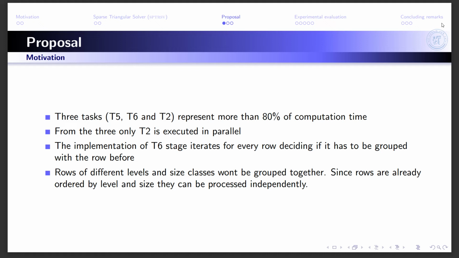Since we know that the rows that have a different level or a different size class won't be grouped together, we can do that work independently, even if it is iterative. There are iterations that can be done in parallel.